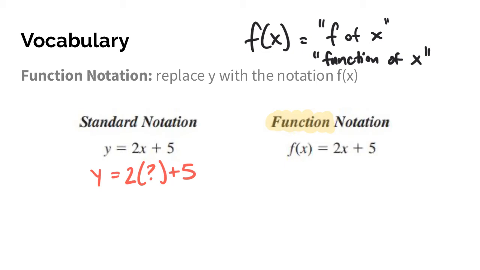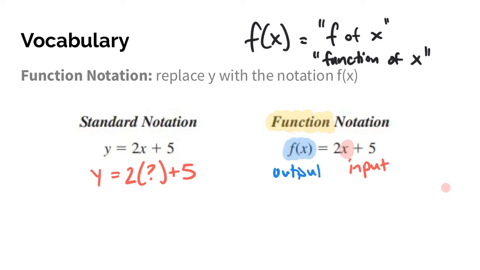What it does is it just explains the rule that is going on with my x values, which is my inputs. So it focuses strictly on the 2x plus 5, and again within this, x represents my input, so that doesn't change, but f of x here is just going to represent my output.